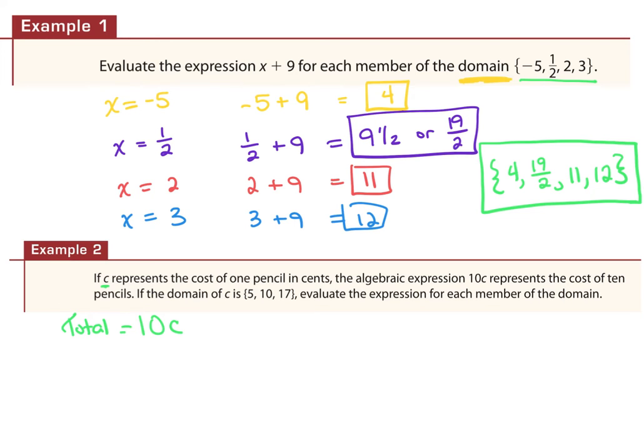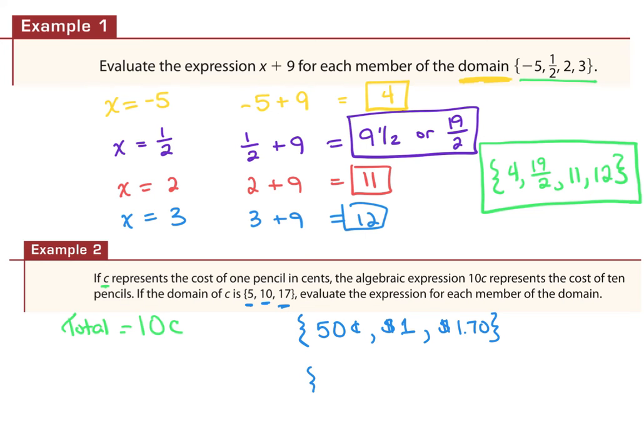So if I were to plug those in, my range of pencils would say 10 times 5. Well, that would be 50 cents. 10 times 10, that would be 100 cents, also known as $1, right? 10 times 17, that would be 170 cents. $1.70. By the way, if you do not do your symbols, you need to make sure it's all the same.